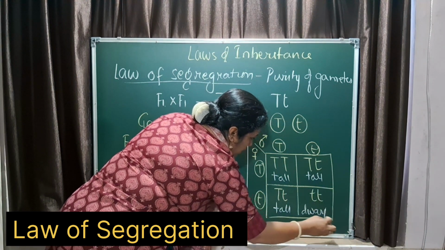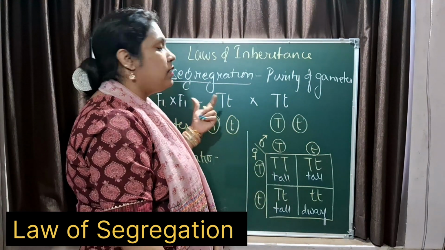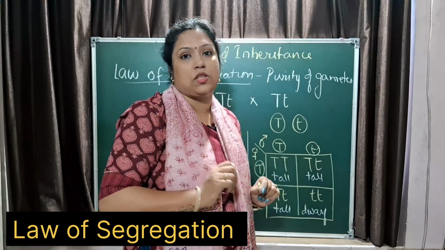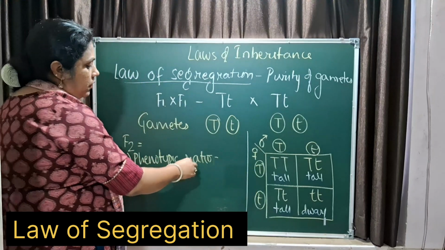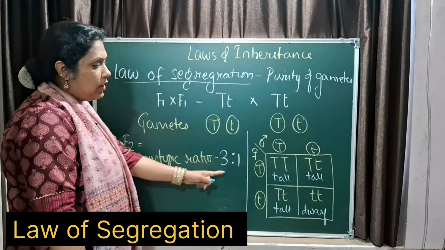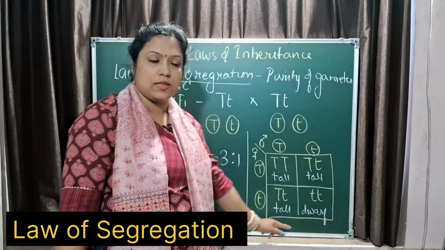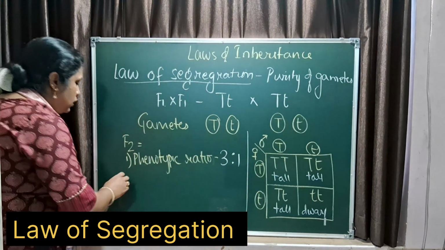So this reappearance of the dwarf character in the F2 generation proves that the traits have not mixed with each other. So now the ratio will be 3:1, where 3 tall plants, 1 dwarf plant. Is that clear? Next one is the genotypic ratio.